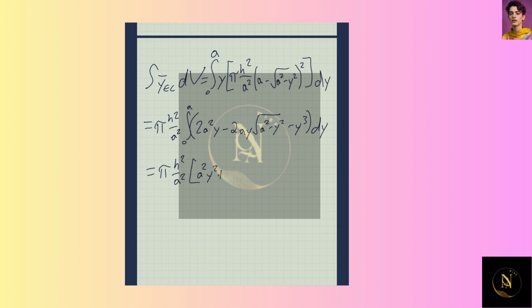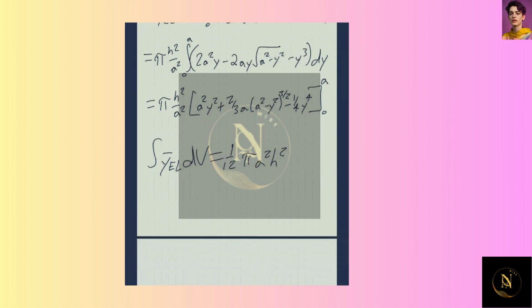So solving the integral, you get this from 0 to a, and then plugging in 0 and a, we find that the integral of the centroid's differential element, y dv, is equal to 1/12 pi a squared h squared.